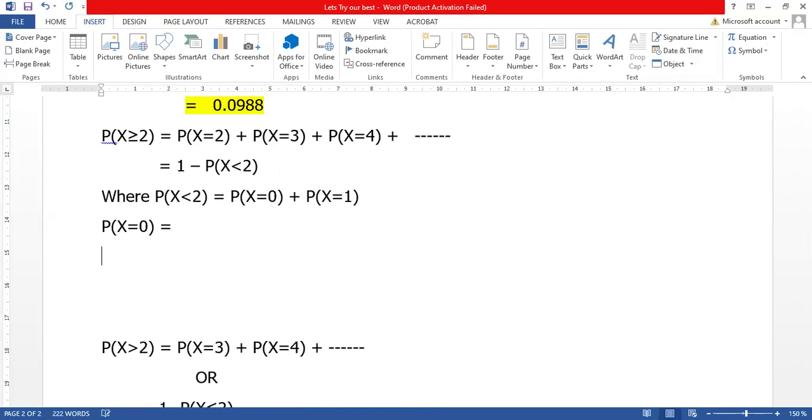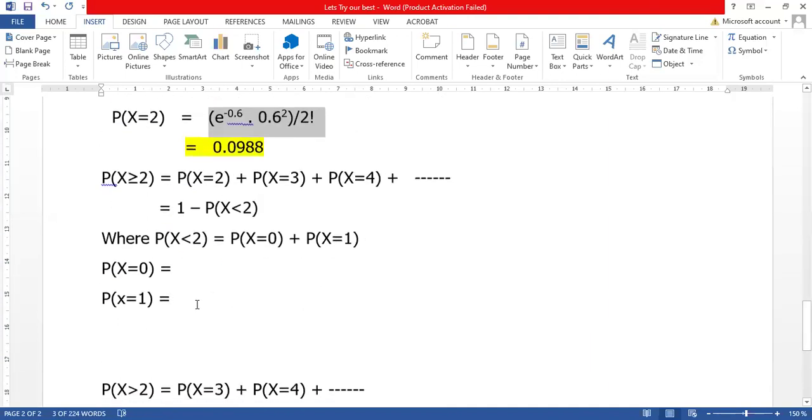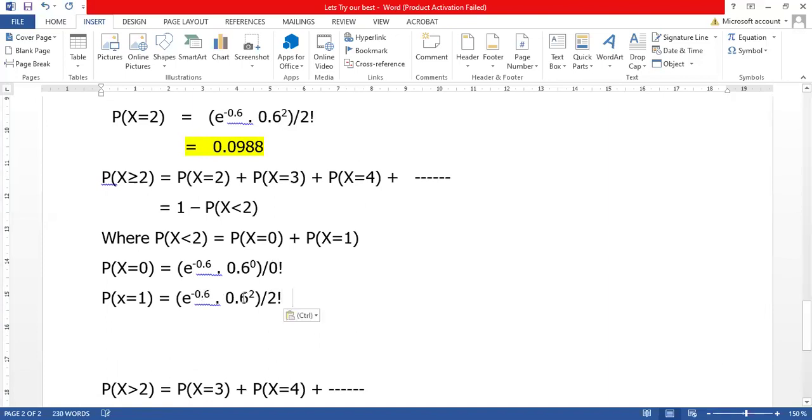You get that probability, then also get the probability of x is equal to 1. You substitute in your formula. This is your formula. Where you have r, you put 0. Here you also put 0. Then for this one, x is equal to 1. Where you have r or where you have x, you put 1.